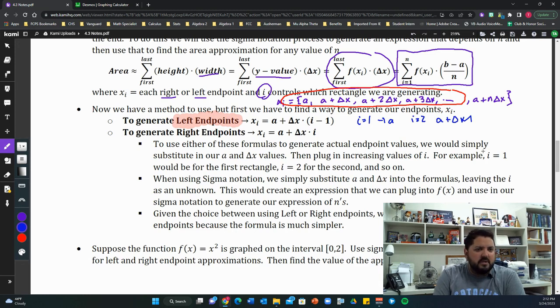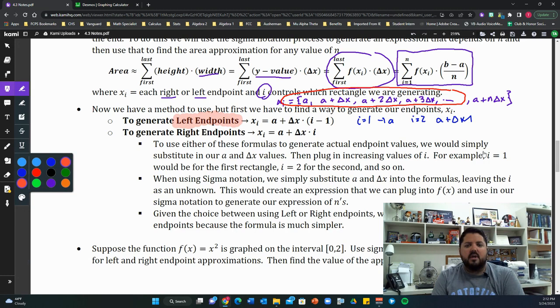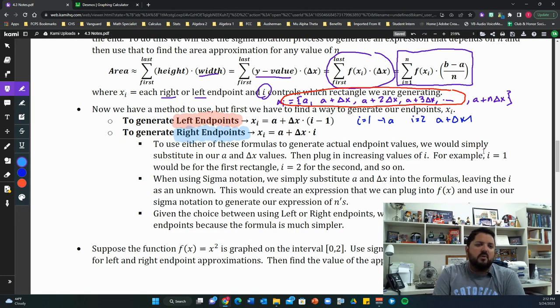Now, for the right endpoints, we have to shift everything to the right one in that list. So for right endpoints, the only difference is we lose the minus 1. Instead of shifting everything back a step, we just leave it where it is. So now if I try to test this out, when i equals 1 for the right endpoints, the first subinterval would go from a to a plus delta x.